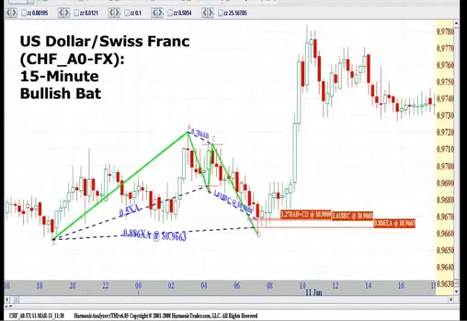Here on the US dollar Swiss franc on a 15-minute basis, we have another bullish bat. First place to look, always, B point. What's the B point say to you? It says we're at a 50% level. So, okay, what's our proper expectation? Our proper expectation is that this M-type structure is going to have a deeper retest of the initial point at X, so we use these measurements.